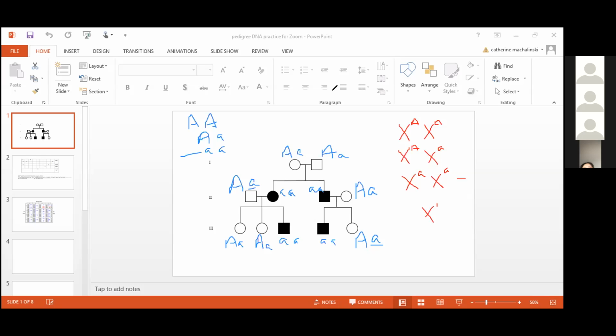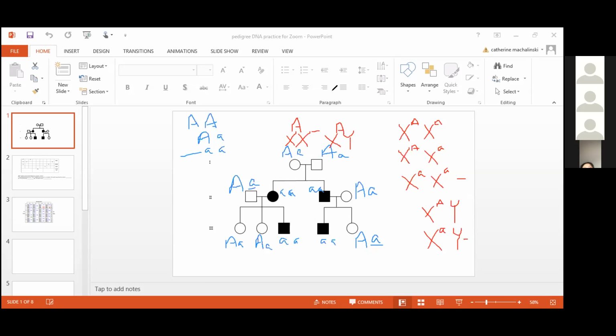A male would only have the trait if he had X little a and Y. Okay, so I think I can do this since it's a different color and we can see. So grandma and grandpa, she has 2 X's, he has an X and a Y. He does not have the trait, so he must have a big A. Grandma does not have the trait, so she must have a big A, and I'm not sure about this second allele.